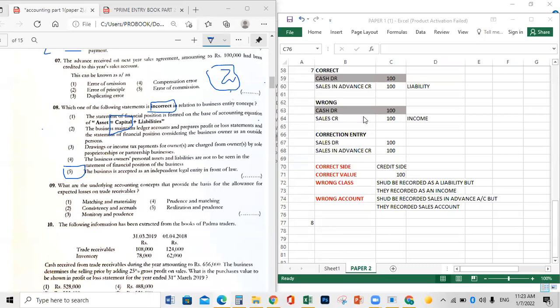No, Ambra. Why do you think this is not the correct answer? No, I still, no one told me the proper explanation. Why do you say?